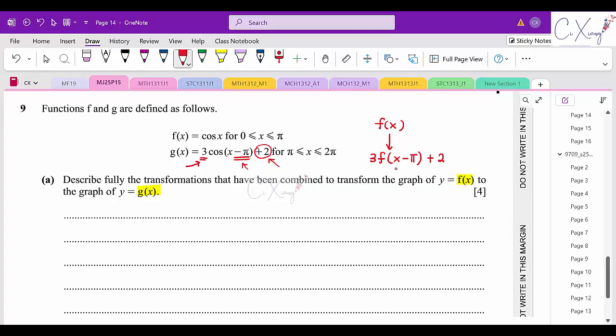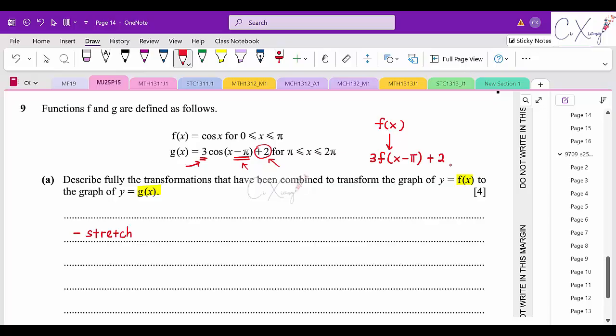For me, I will tell the students always, when you're having two transformations in terms of y, this is stretch in y, this is translation in y. For the direction of y, we follow the normal mathematical operation. That means you can see from here, you multiply the 3 first, only then you add the 2 at the back. Therefore, the very first transformation should be stretch.